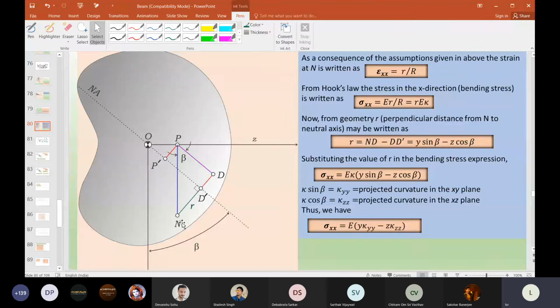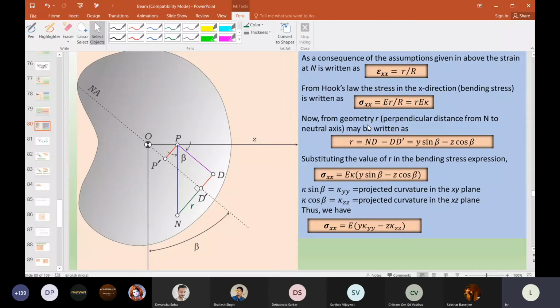Now you know Hooke's law, that the stress is nothing but strain multiplied by the Young's modulus. So that is what we have written: E r by R. 1 by R is usually known as the curvature, denoted by kappa. Then from geometry, r may be written as follows.